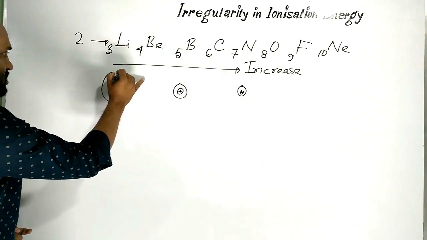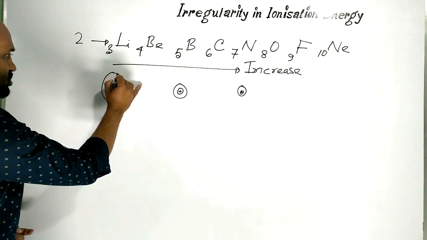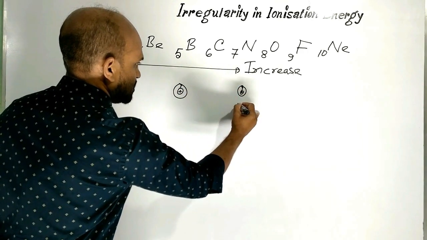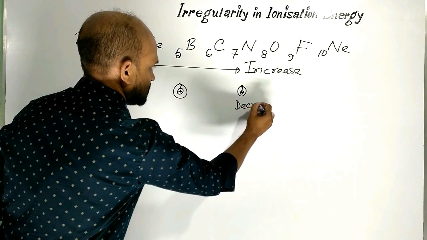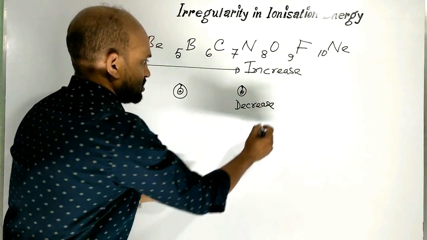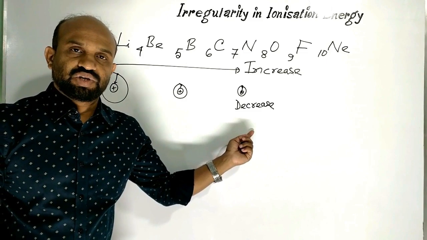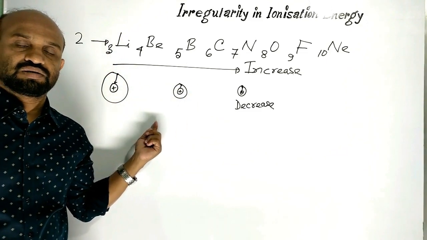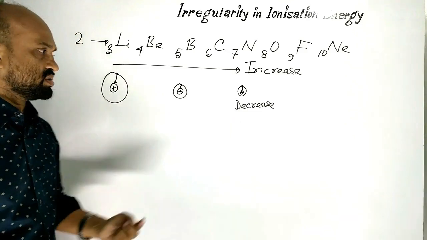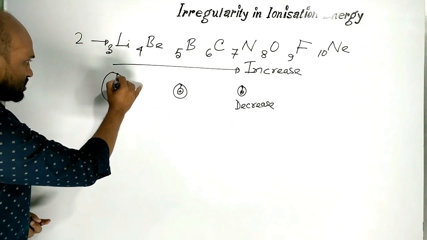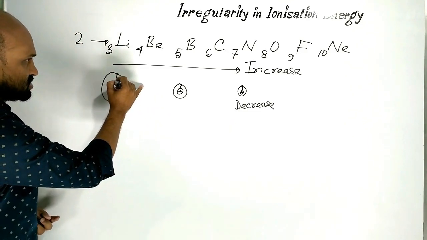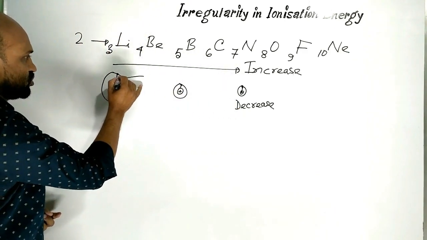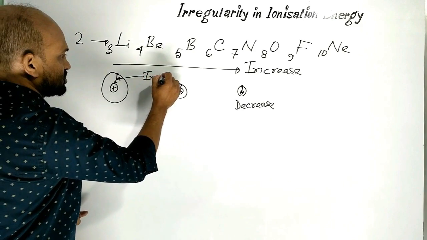Then distance between outermost shell electron and the nucleus decreases, and when the distance decreases, then attraction force increases.